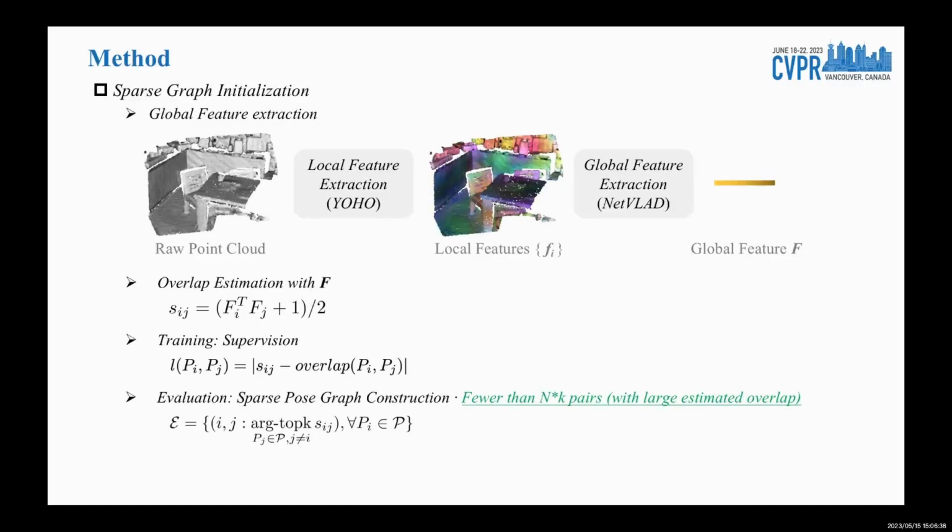During testing, when constructing the sparse pose graph for each point cloud, we only connect k point cloud pairs with the top k estimated overlap to it, resulting in less than nk edges with high estimated overlap ratios. Then we perform pairwise registration on these edges to recover the relative poses for pose graph initialization.